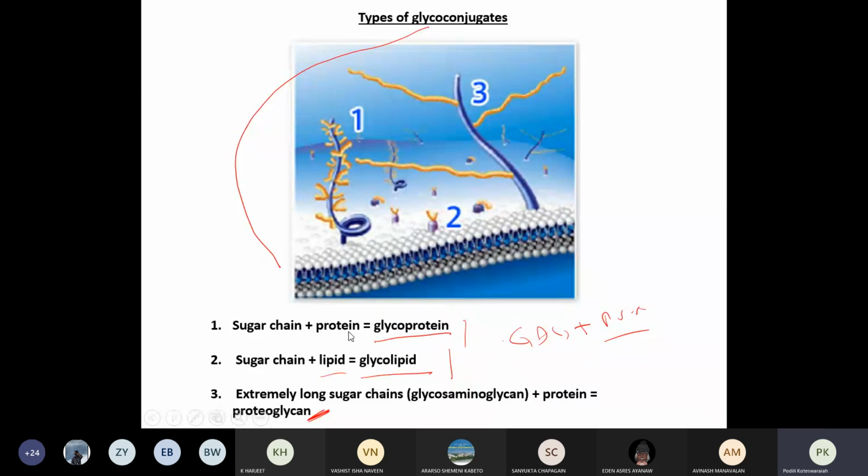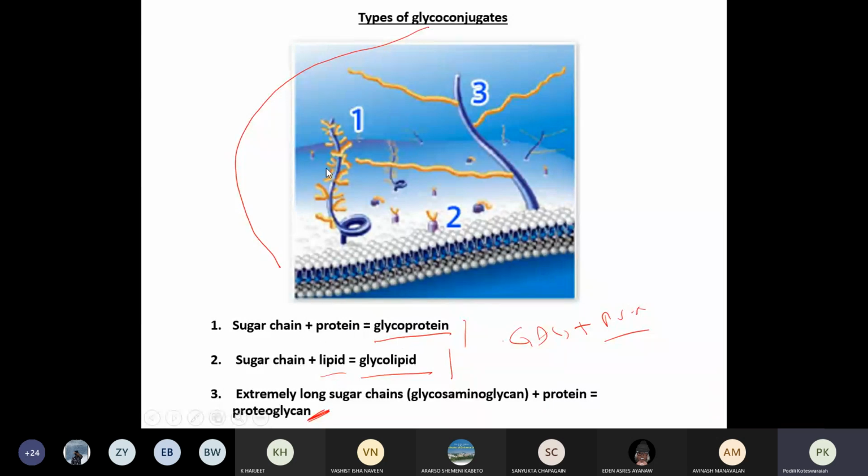You can see here that a glycoprotein is composed of carbohydrate as well as protein. A proteoglycan is also composed of GAGs and protein, but in proteoglycans the major portion is contributed by the GAGs and the minor portion is from the protein, whereas in glycoproteins the major portion is from the protein and the minor portion is from the carbohydrate.